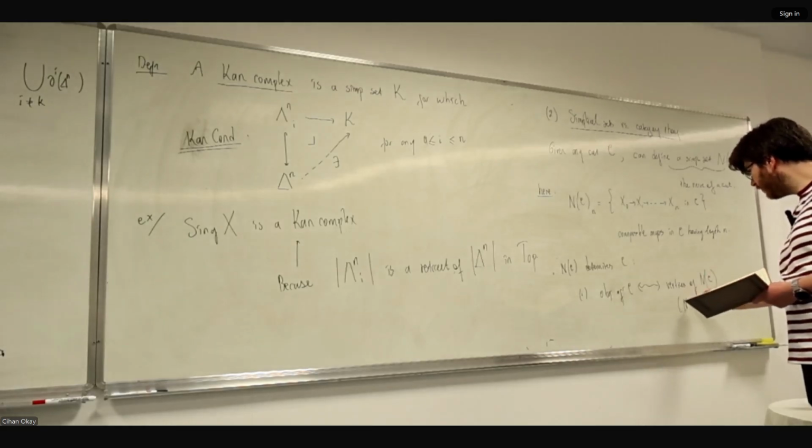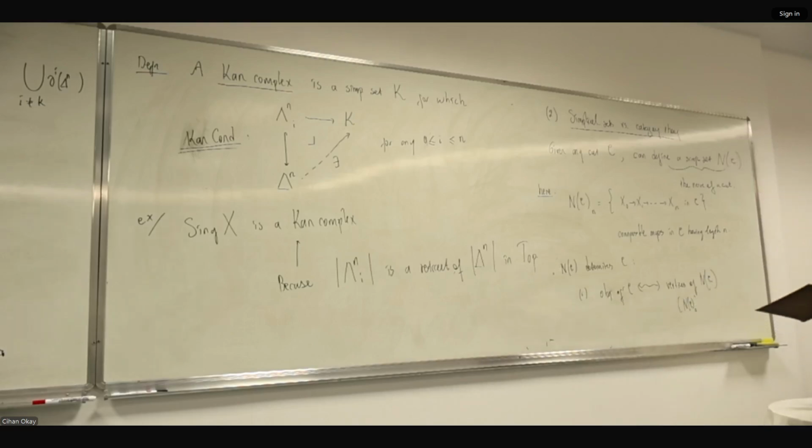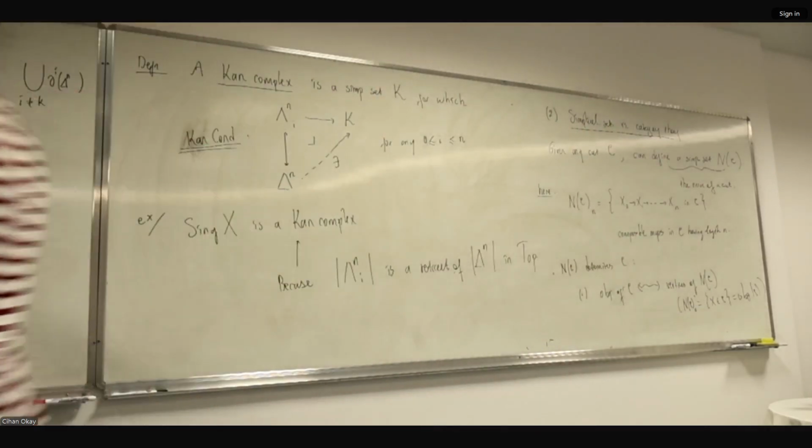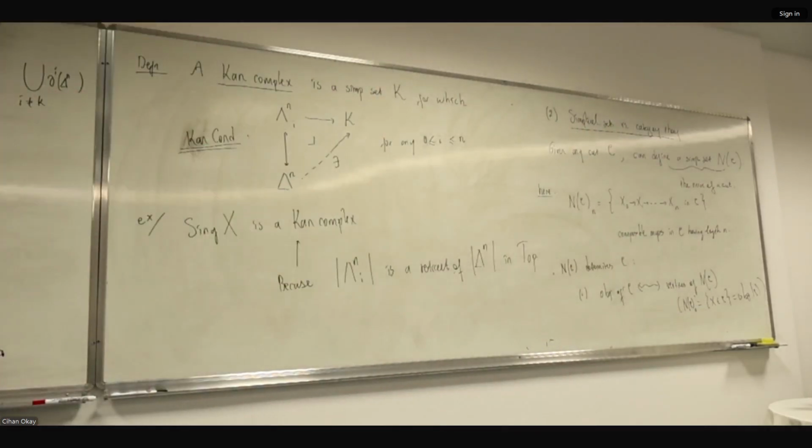It means when n is 0, you just consider all possible x in C, but this is just the objects of C. So therefore, vertices correspond to the objects of C itself.